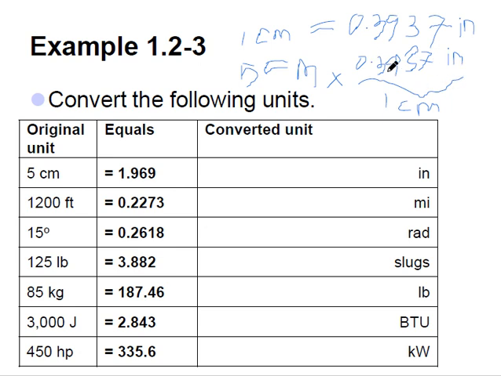Therefore, 0.3937 inches divided by 1 cm, this is a factor, and you're going to multiply that with 5, because that's your original unit. So centimeter cancels, and you're left with inches. Multiply 5 with 0.3937 and put it in your Excel or calculator. You're going to get about 1.969. And now you have converted into inches, right?